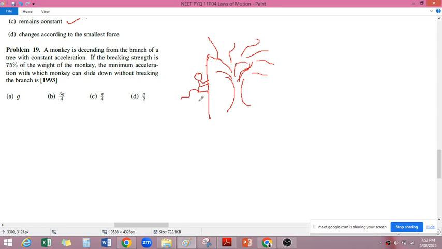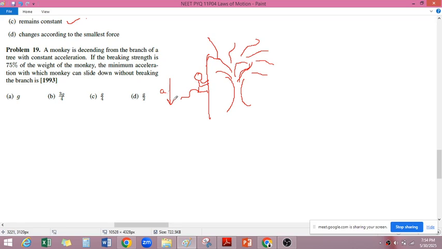So descending from the branch, descending means coming down. Constant acceleration. If the braking strength is 75% of the weight of the monkey, the minimum acceleration with which monkey can slide down without breaking the branch is.